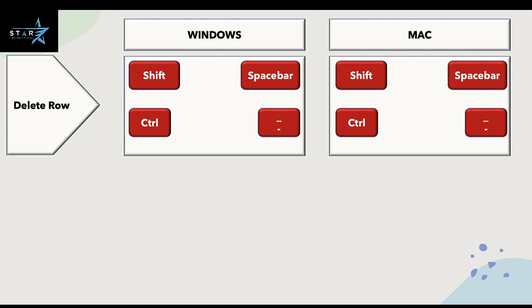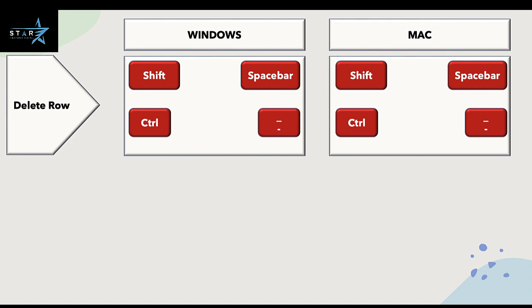Delete row again is very similar to the way we insert a row. First, to select the row which we want to delete, we have to use Shift spacebar. And the method is exactly the same, as you can see on the screen, between Windows and Mac. And to delete it, we need to press Ctrl minus, which is the key left of the plus key on your laptop.